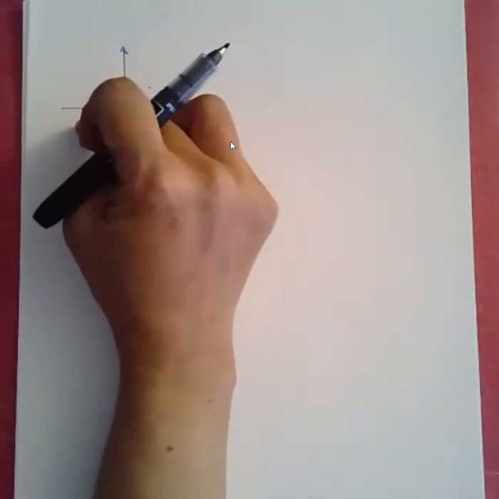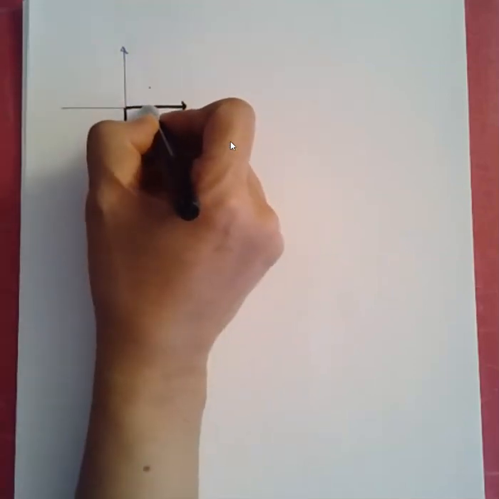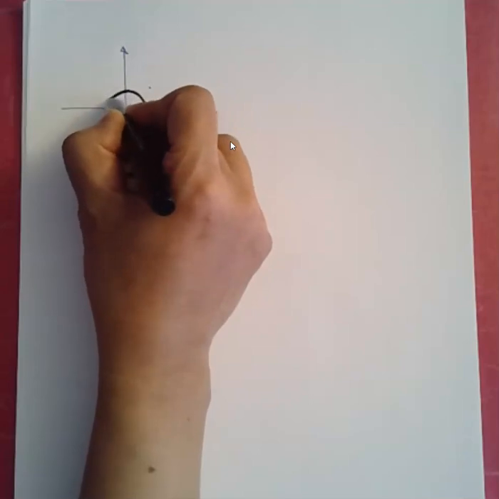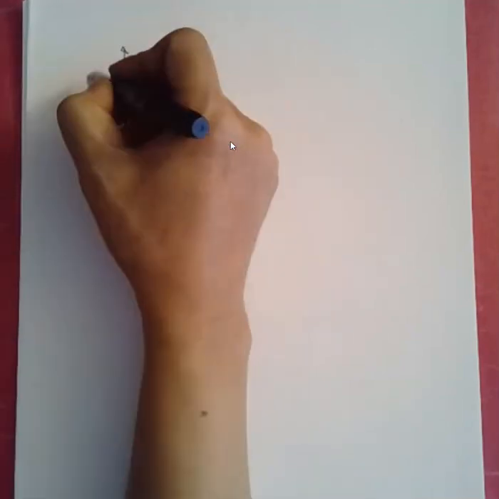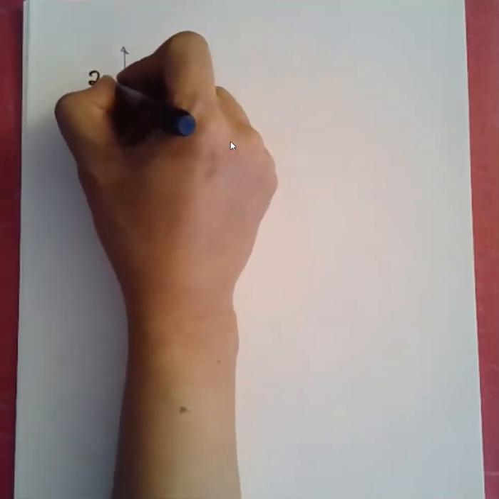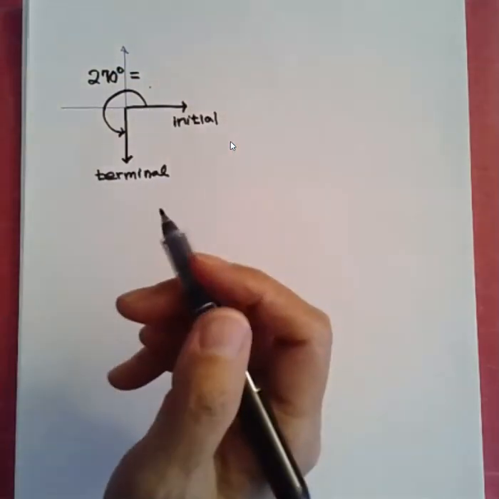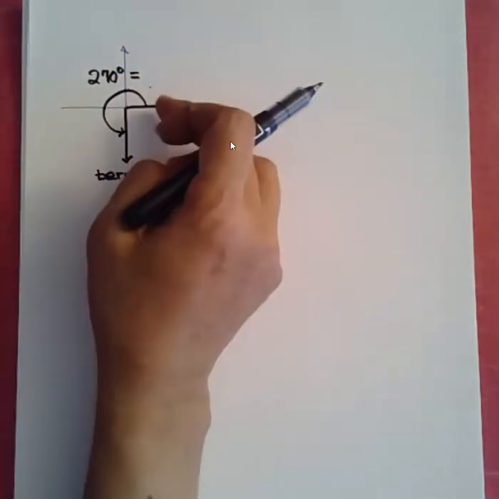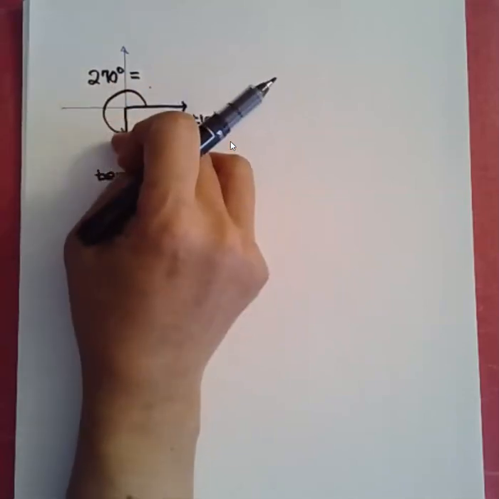Each sector is 90 degrees, so 90 degrees, 180 degrees, 270 degrees. So that is 270 degrees. We do the same reasoning with radian measure. Pi/2, 2 pi/2, this is 3 pi/2.